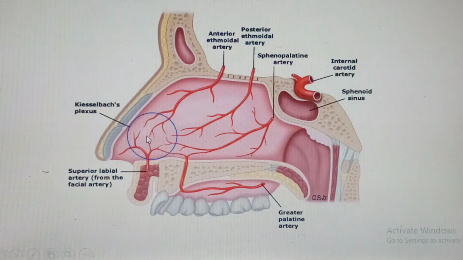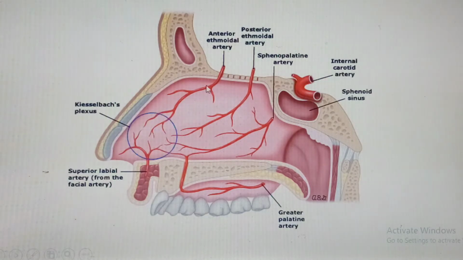In this Little's area, we see what we call Kiesselbach's plexus. This Kiesselbach's plexus is mainly formed by about 5 blood vessels anastomosing in this region. And it makes sense, you can make out the names of these blood vessels. That is why this area is very prone to epistaxis. Yes, your nose may be bleeding, because when this Kiesselbach's plexus gets injured, you'll be bleeding through your nose.